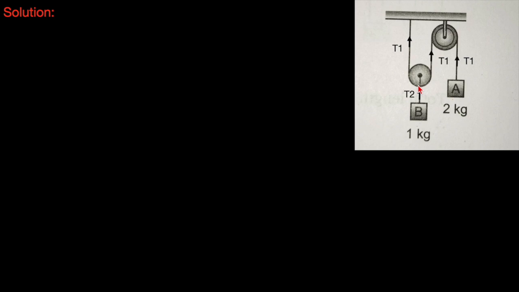As I explained previously, if this is T1, then this also becomes T1 and this also becomes T1, because this pulley is frictionless, massless, and this rope is inextensible. So the tension will be the same all over, and this T2 tension is different because this rope is different.